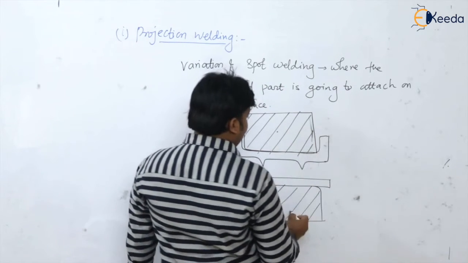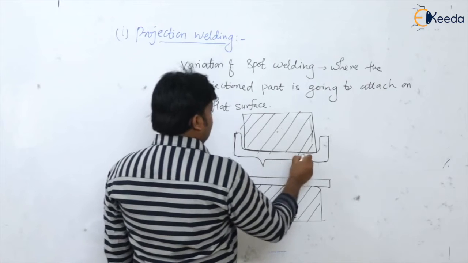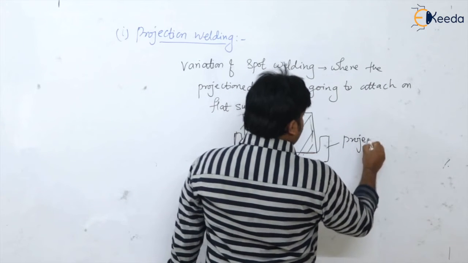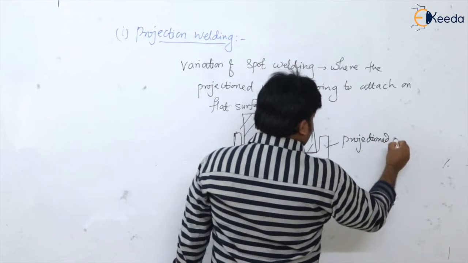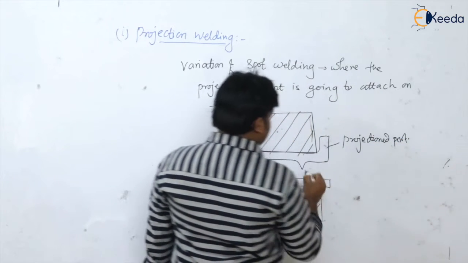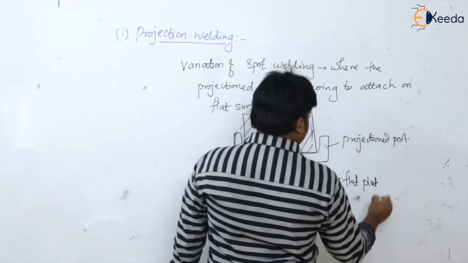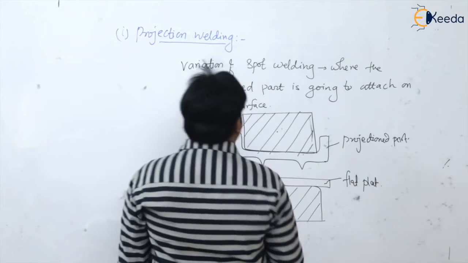These are the flat electrodes, and this is our part. This is the projection part, which is going to attach onto this flat plate.